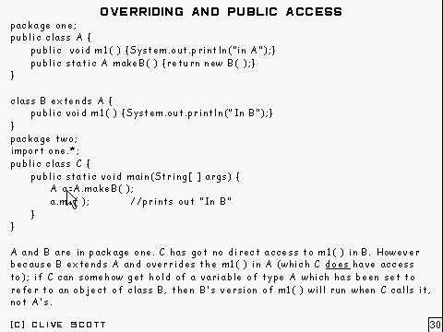And so if we could obtain such a variable, then calling a.m1 on it would result in a call not to the method in A, but to the overridden one in B, because A would refer to an object of class B.